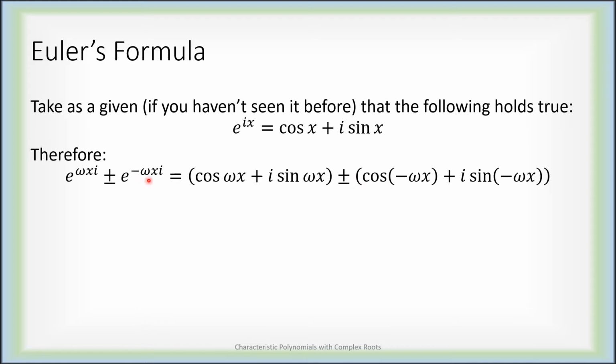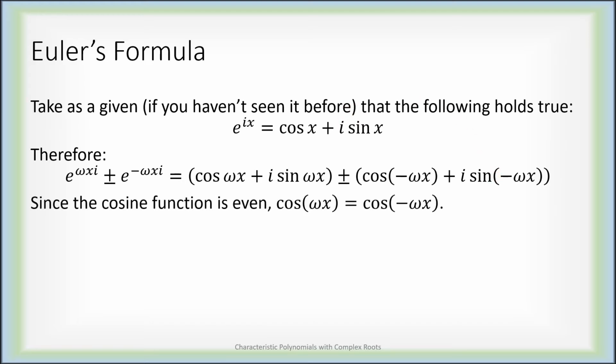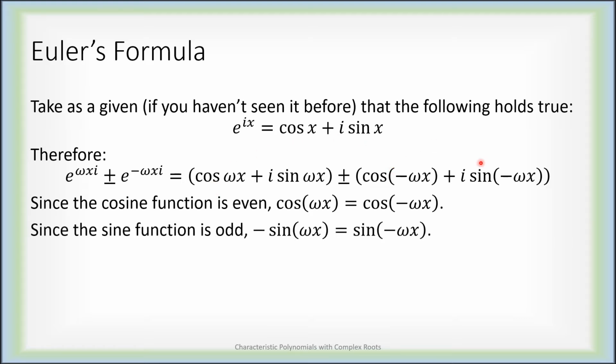Second term, e to the minus omega xi, cosine of minus omega x plus i times the sine of minus omega x. But remember, cosine is even, so this cosine of minus omega x is the same thing as cosine omega x. But sine is odd, so this sine of minus omega x is the opposite of sine omega x.